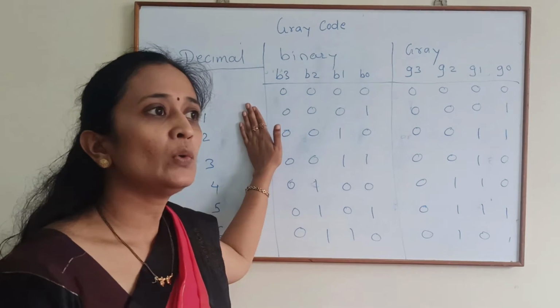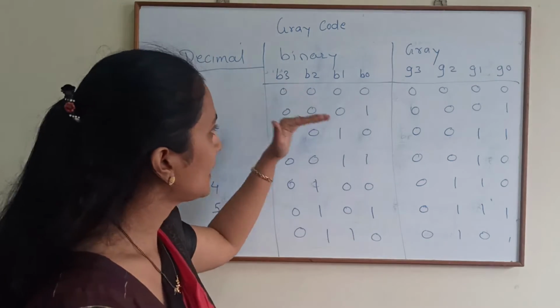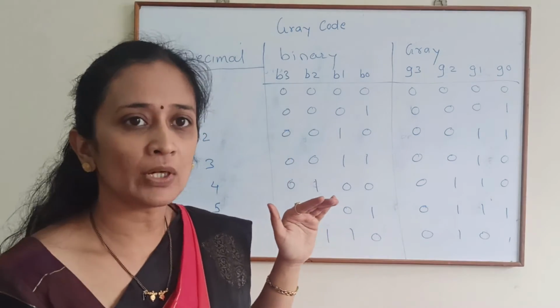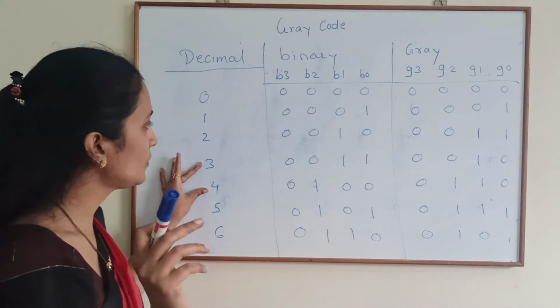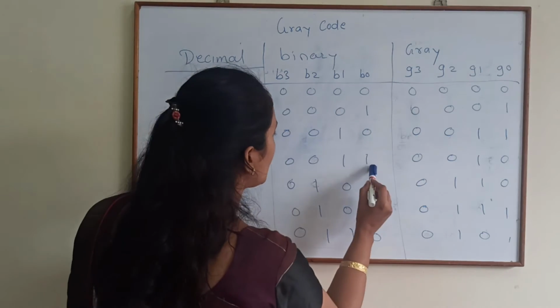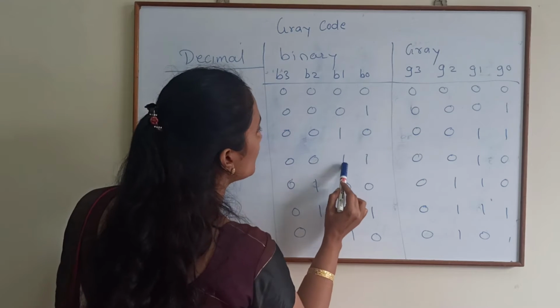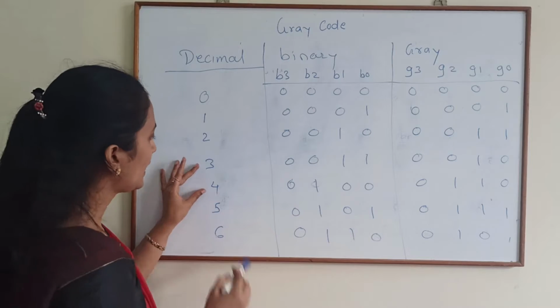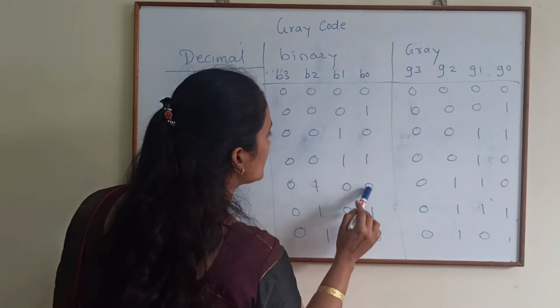Why is it called a unit distance code? Because if you take any two successive numbers, I will take 3 and 4 here. In binary, 3 is represented as 0011 and 4 is represented as 0100.